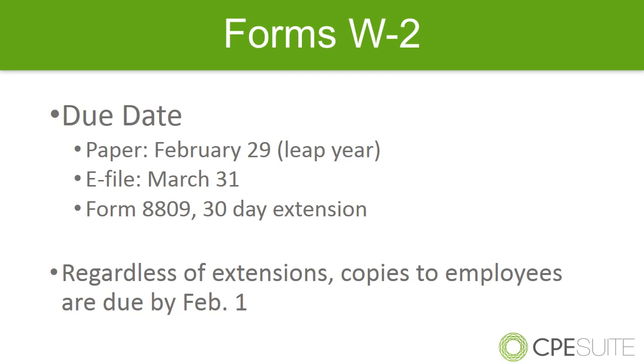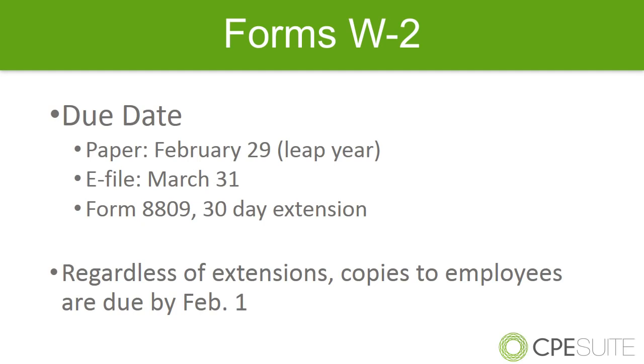If you expect not to be able to file them on time or just don't want to deal with it, then you can file a Form 8809 to request a 30-day extension. The Form 8809 must be filed before the normal due date of the returns.